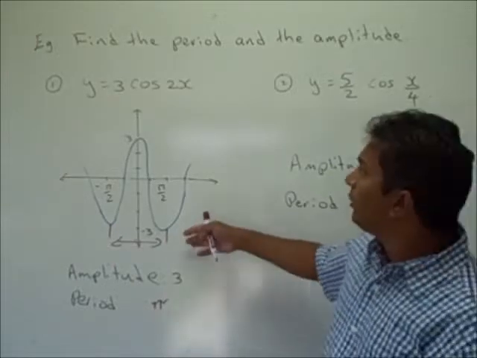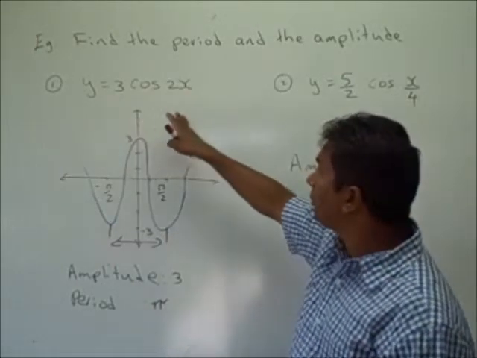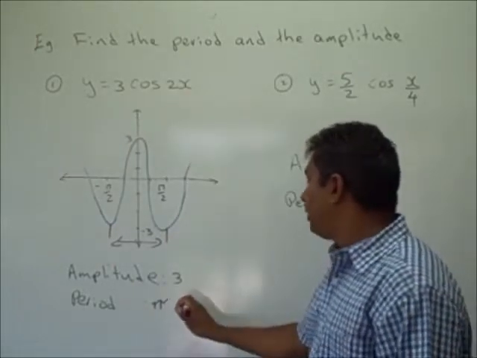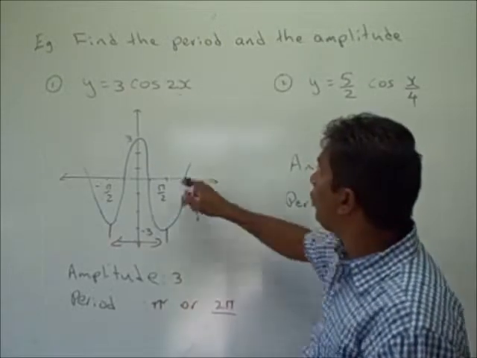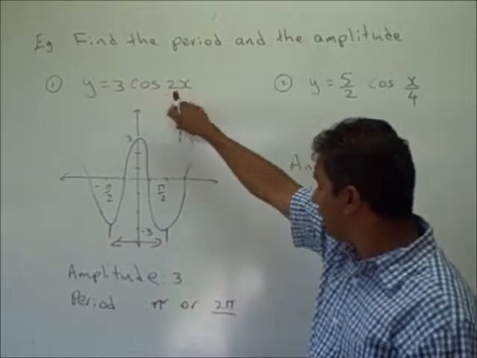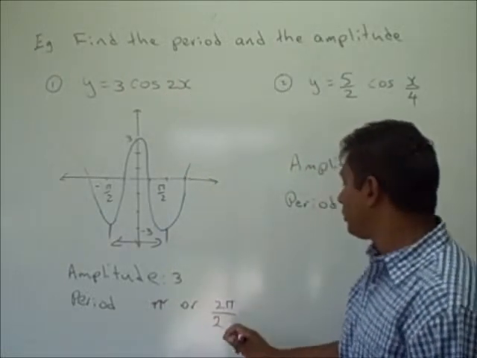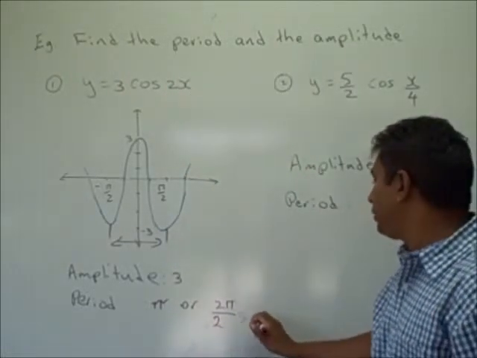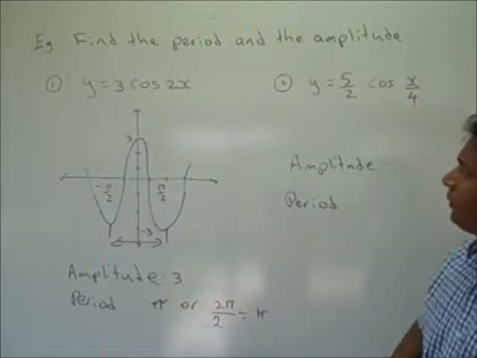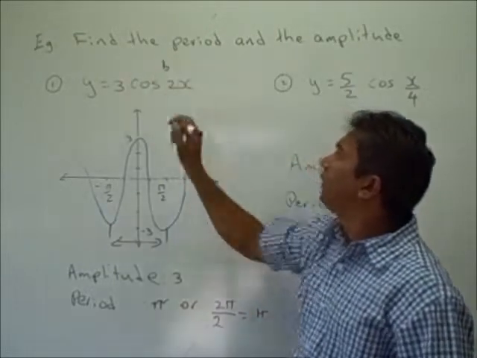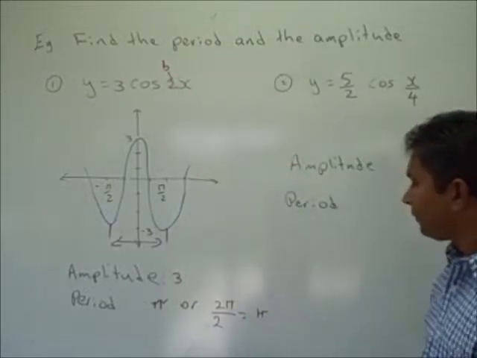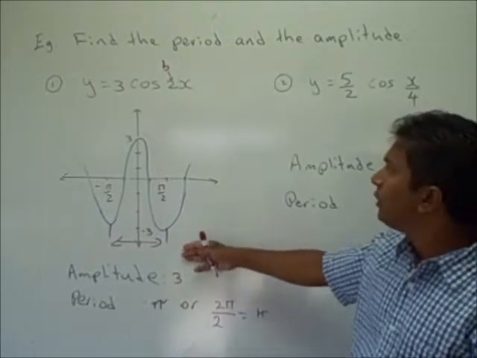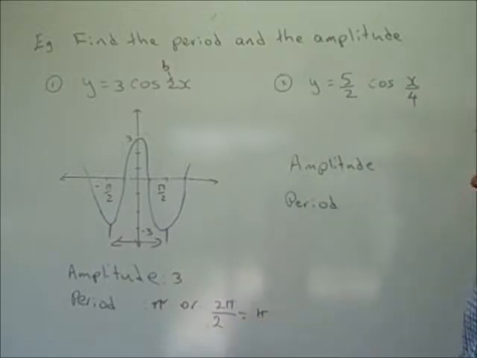An alternative method of finding the period, once again, would be to divide 2 pi over the coefficient of the x. So 2 pi over 2 would be equal to, once again, pi. So remember, this is our b, and our period is equal to 2 pi over b. So we can either look at the graph or we can use the formula to find the period.